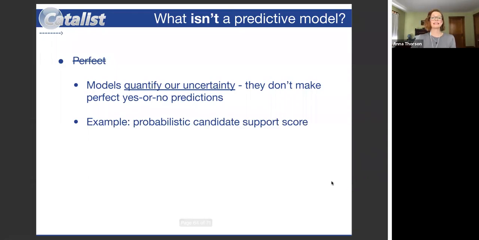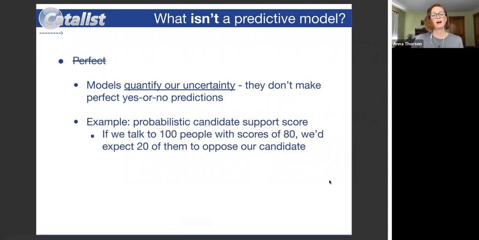So let's take an example. This pretend probabilistic candidate support score. Note that this is probabilistic. If you talk to 100 people with scores of 80, you would expect fully 20 of them to actively oppose your candidate.